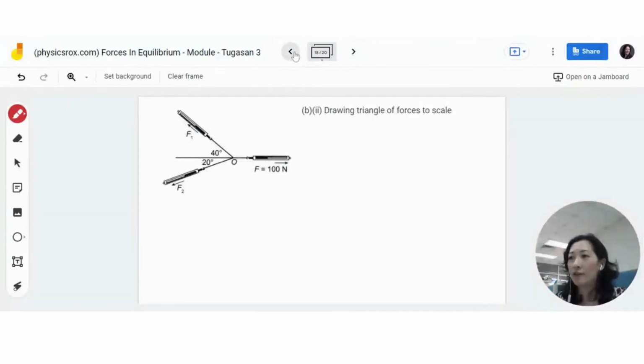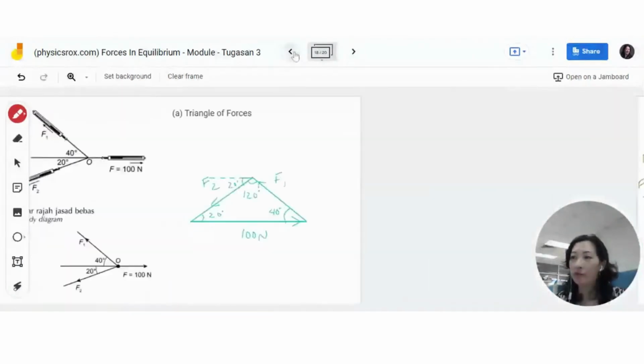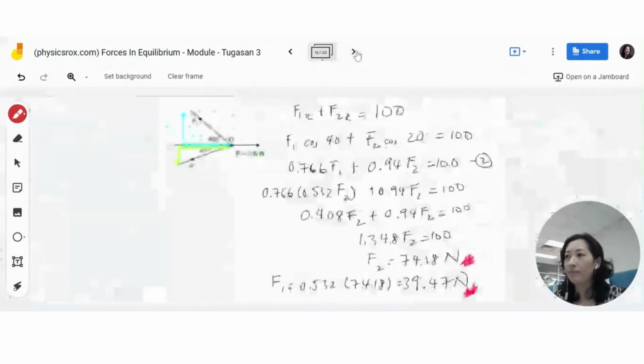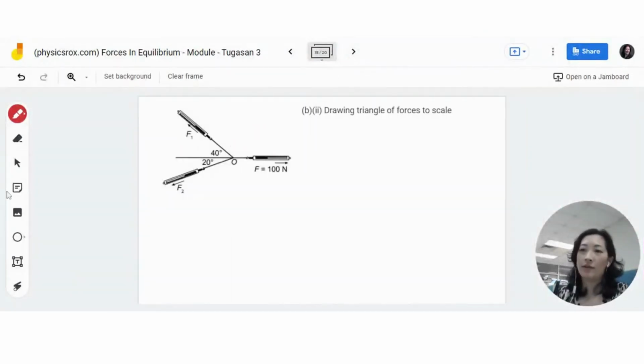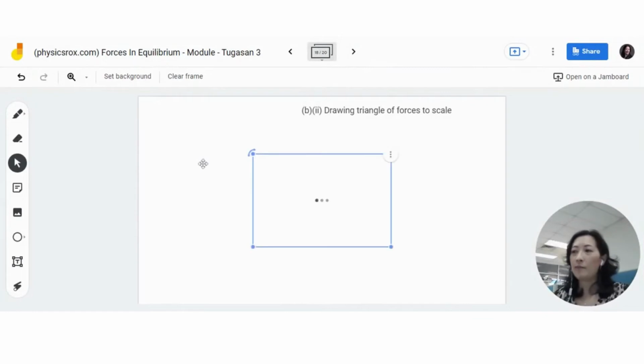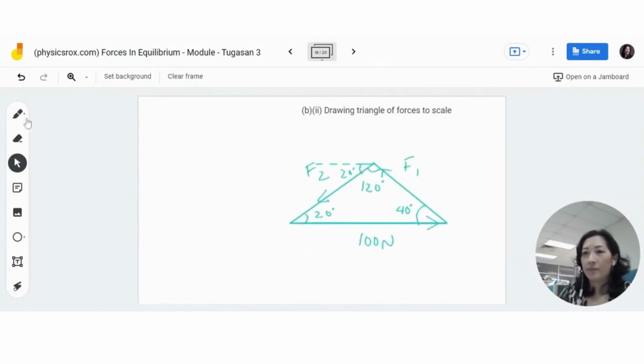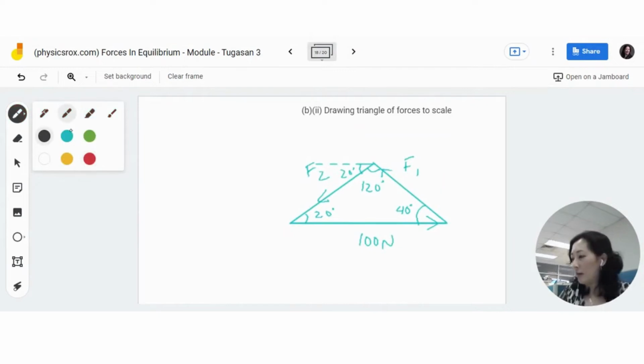Then to draw the triangle of forces to scale, we're going to use this as our explanation. I'm just going to get rid of this because we don't need this diagram. The triangle of forces here. Use the scale that's provided in the question, which is 1 cm to 10 Newton.